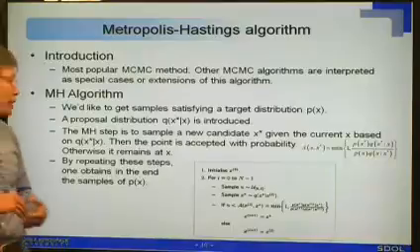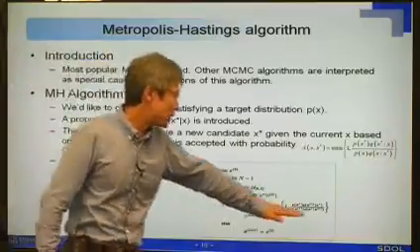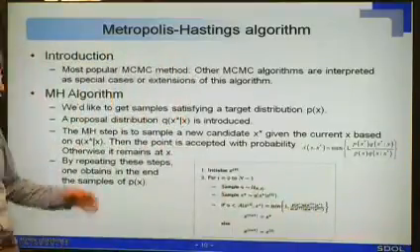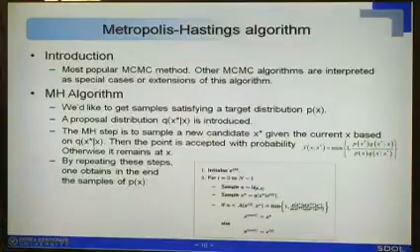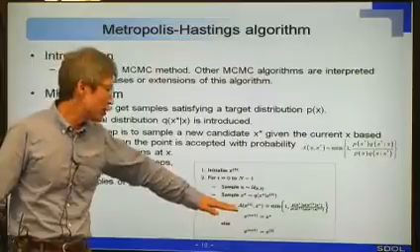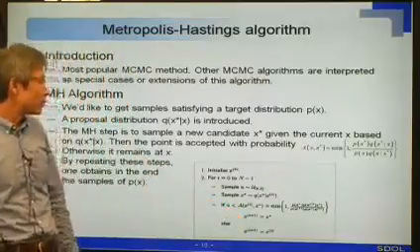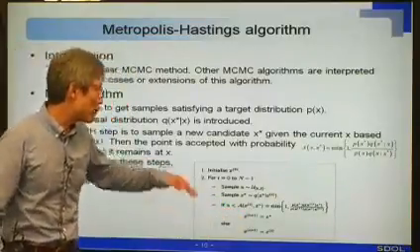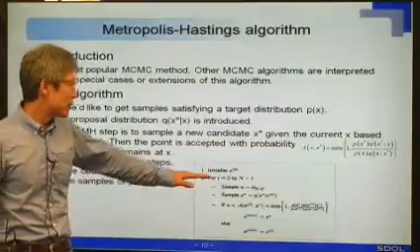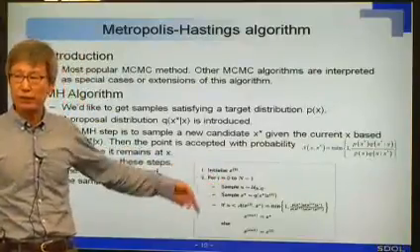And calculate the ratio like this. And the ratio ranges between 0 and 1. And if this value is high enough, we accept the new point. Otherwise, we go back to the existing point and repeat this.